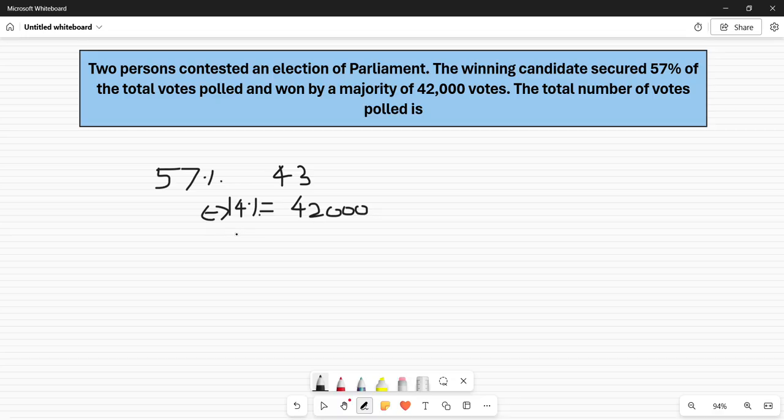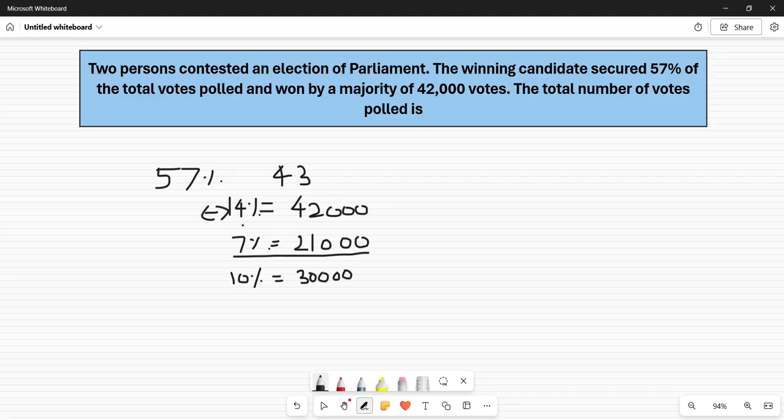So here, if you again divide this by 7, yeah, 21,000. So even by looking at this, you could say 7% is 21,000. So 10% is 30,000.